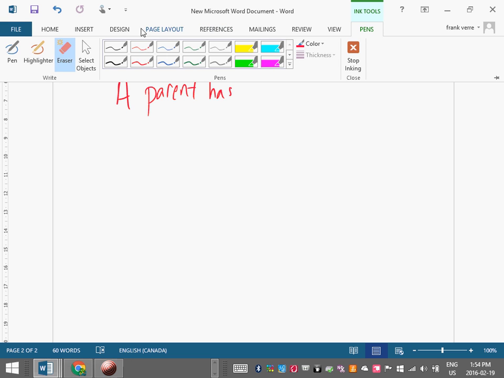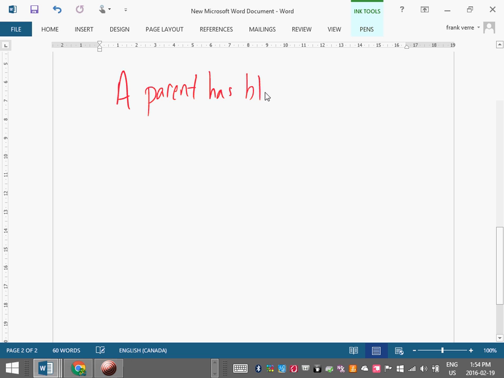This is faster. I'm using red for blood type, get it? I found out what my blood type was when I was 15. Oh yeah? Neither of my parents. What is it? What's your mom? What's your dad?